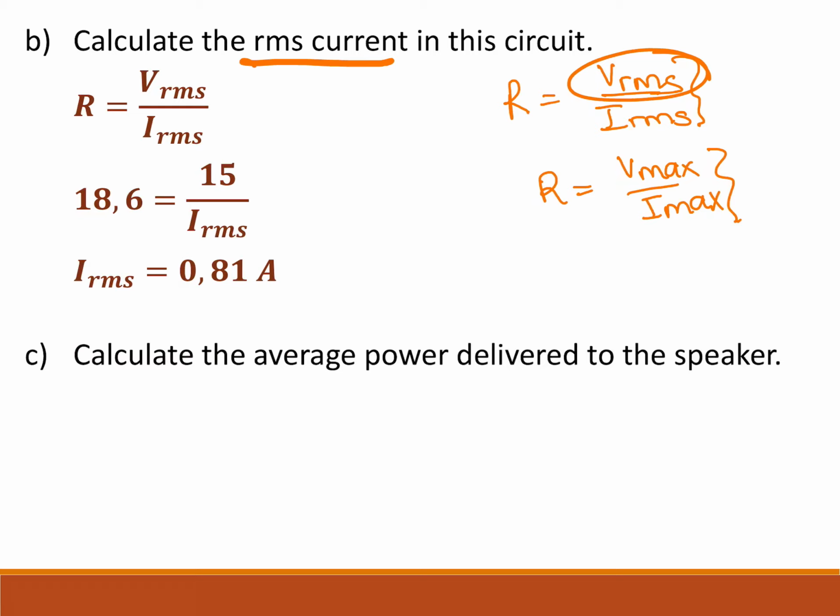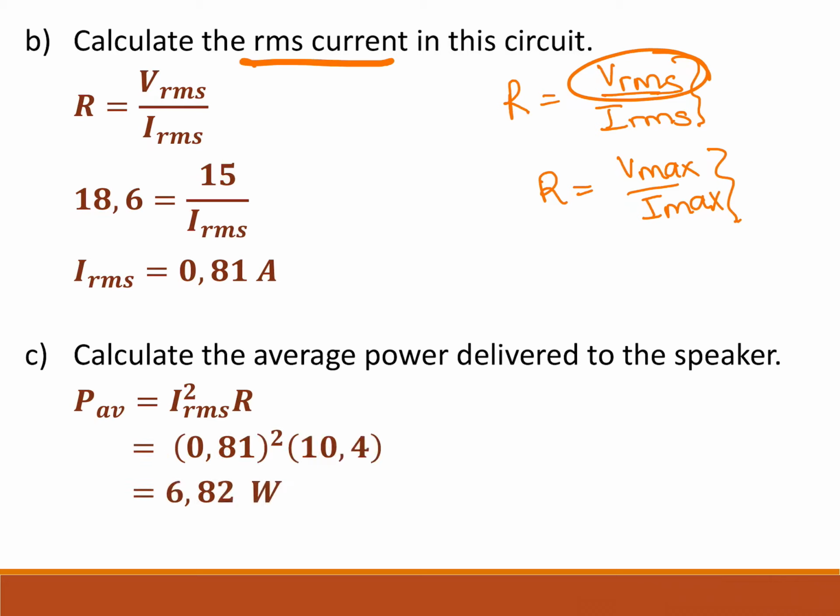And you're welcome to do that. But you don't need to, because you know the current through the speaker and you know the resistance of the speaker. So you can use the current and you can use the resistance as given. Please be careful with something like this. This question relies on your understanding of circuits, normal circuits, not anything with an RMS attached to it. Okay? All right. So just be careful.